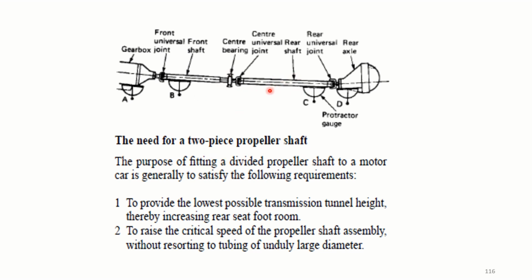We have to reduce the height of the vehicle. Otherwise, if you put this propeller shaft at an angle, to accommodate that, we have to increase the height of the vehicle. When the height increases, the center of gravity of the vehicle rises and its stability decreases. To lower this, they use a two-piece propeller shaft.